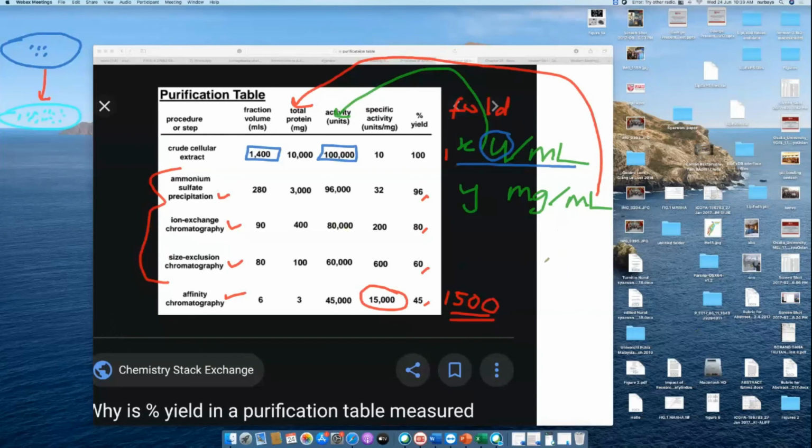It depends on the evaluation after that. Of course, you will evaluate your protein based on the gel. You will check the purity of your protein based on the gel. Let's see whether it is suitable to use size exclusion chromatography first, or ammonium sulfate first, or affinity first.